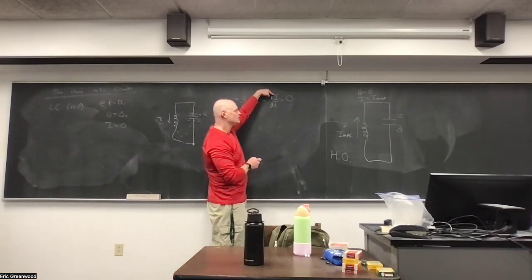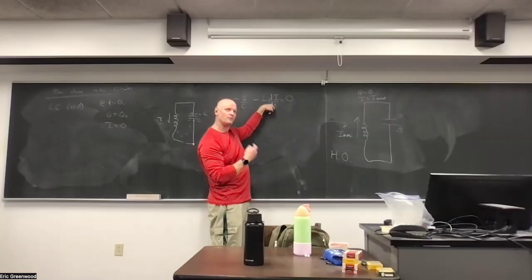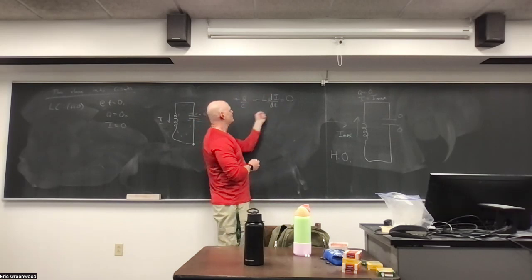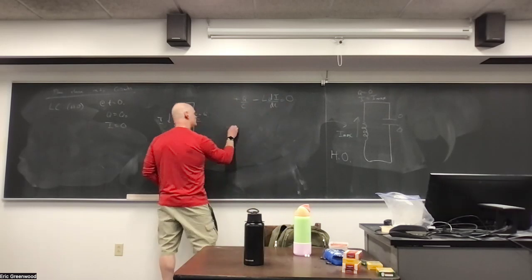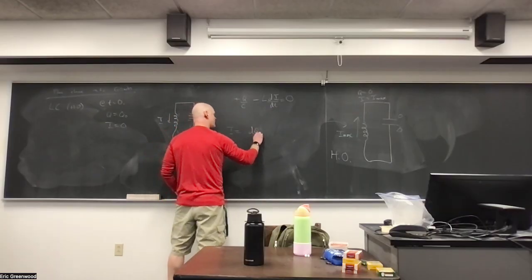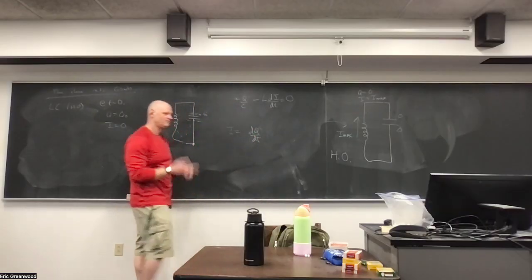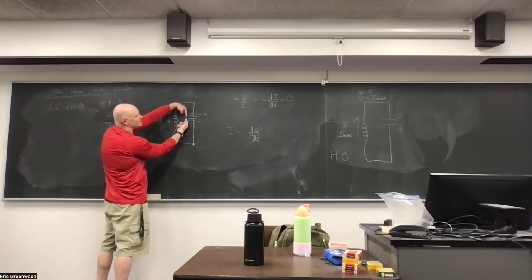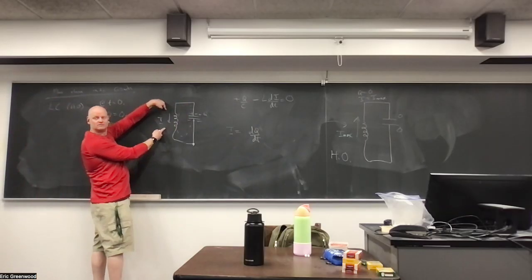Now, from here, we know the current is related to the charge by the time rate of change of the charge. Okay? So in this case, we can now rewrite this entire thing in terms of the charge by noting that our current is equal to the time rate of change of the charge. Now, in this case, as the charge is decreasing, what's happening to the current?